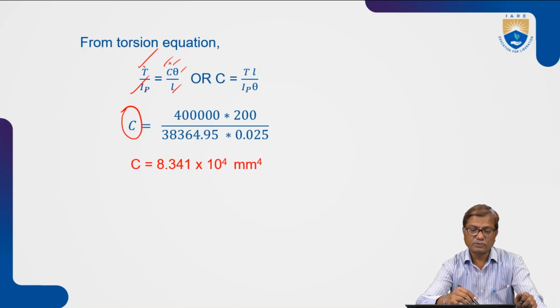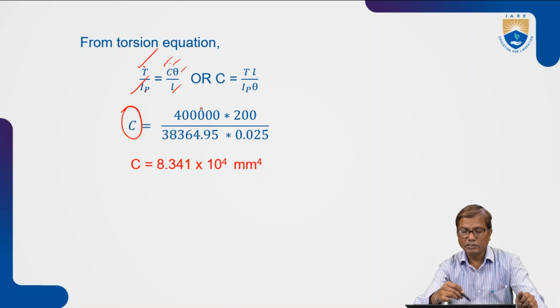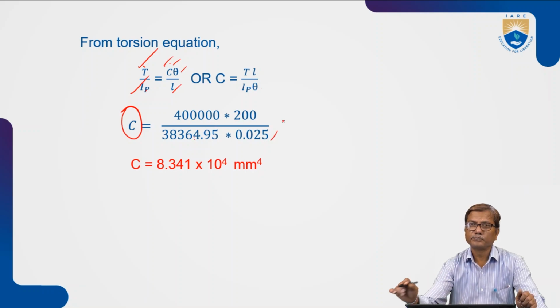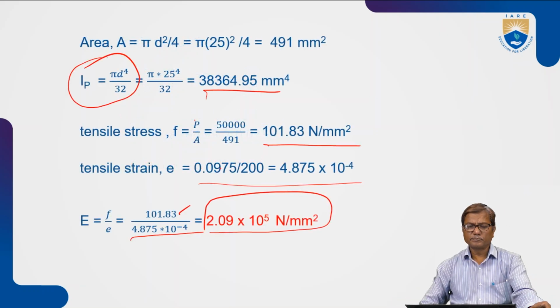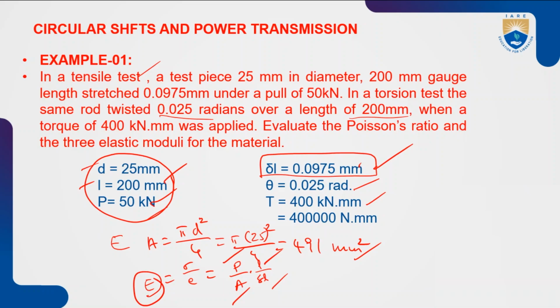So C is equal to, from this expression, TL by IP into theta, with theta in radians, which is given directly in the problem: 0.025 radians.